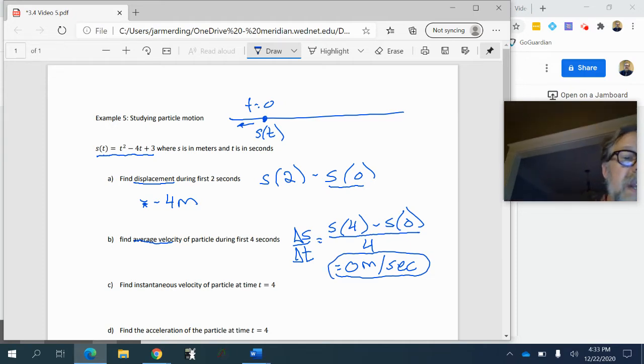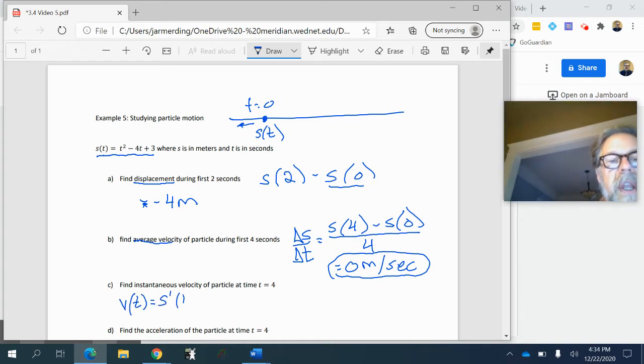So instantaneous velocity, now here's what we know is that instantaneous velocity is the derivative of the position. So be watching for these buzzwords. Instantaneously, or instantaneous is derivative. Average is just a difference quotient.